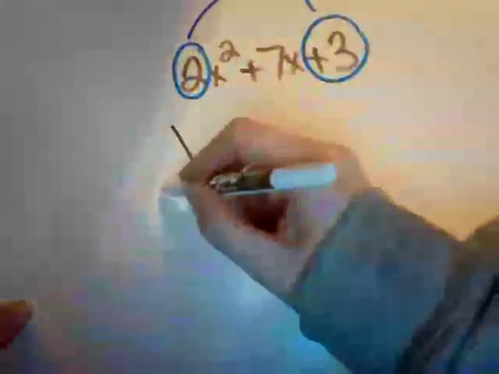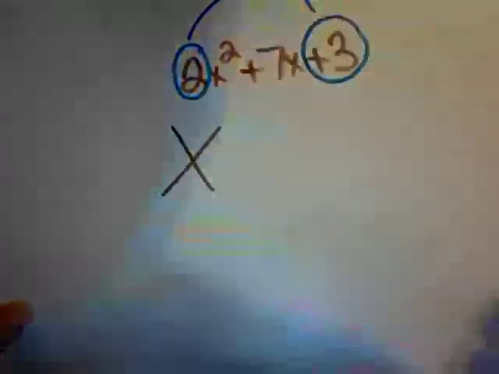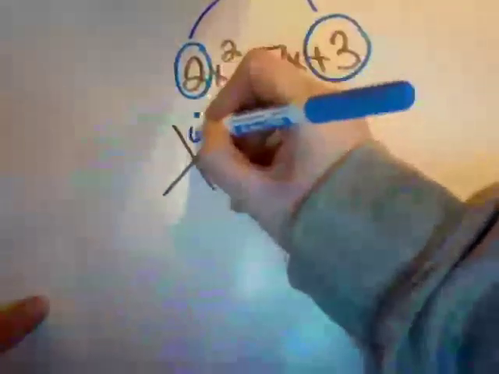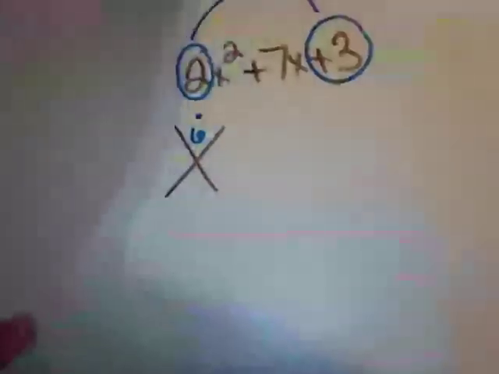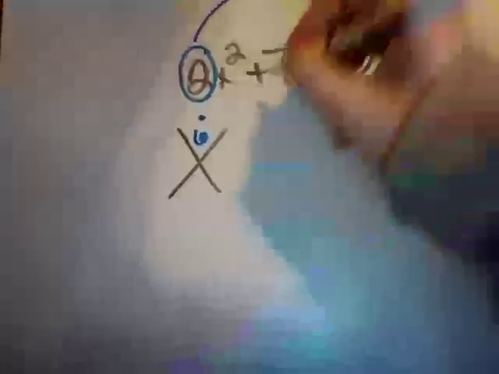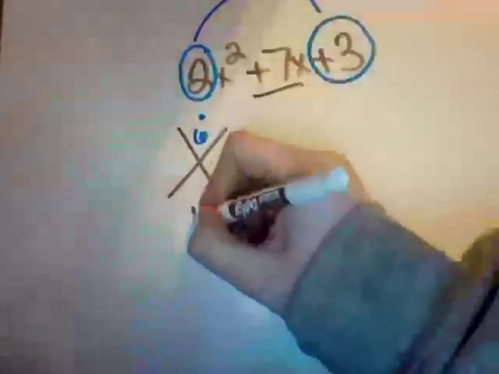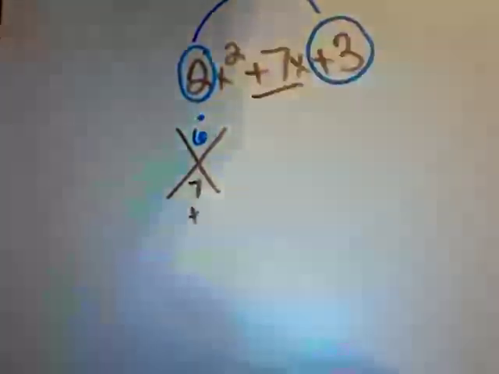Since we're still using the x method, I'll go ahead and set up the x. 2 times 3 gave us 6. We are looking for two numbers that multiply to make 6. These two numbers still need to add to give us a positive 7.